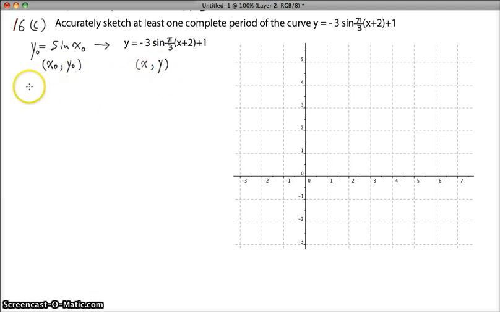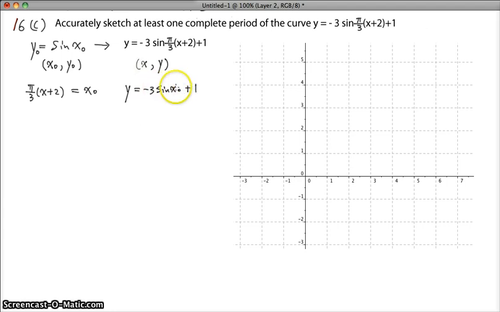So let's make pi over 3 x plus 2 equal x0. And then if you do this, the current function will become y equals negative 3 sine x0. See, everything here turned into x0, and then of course you get sine x0 plus 1.